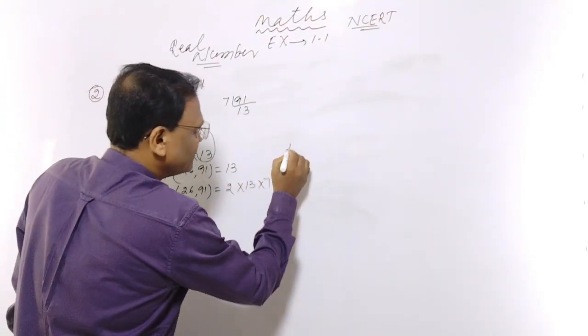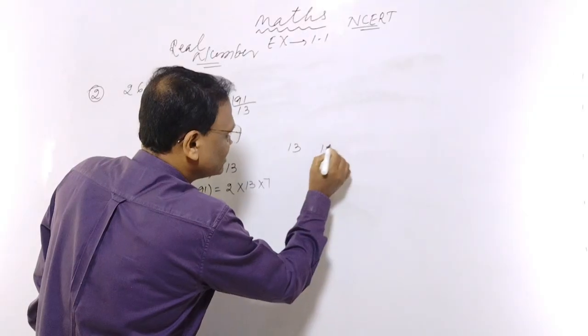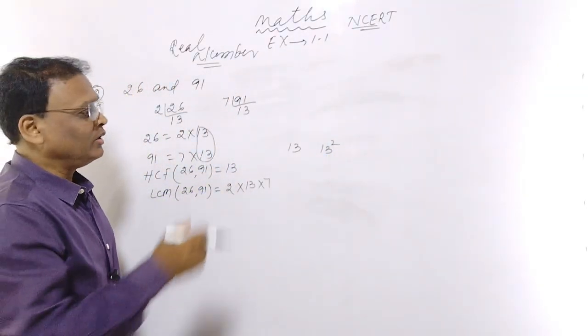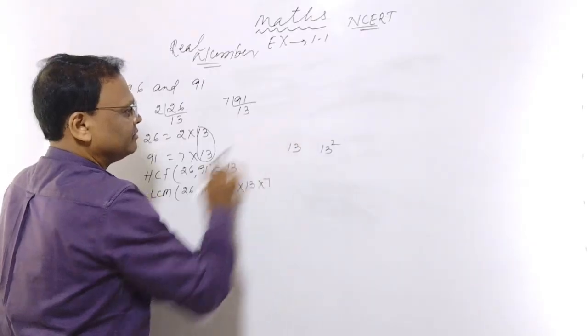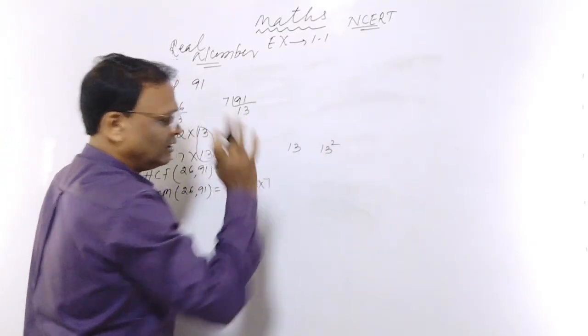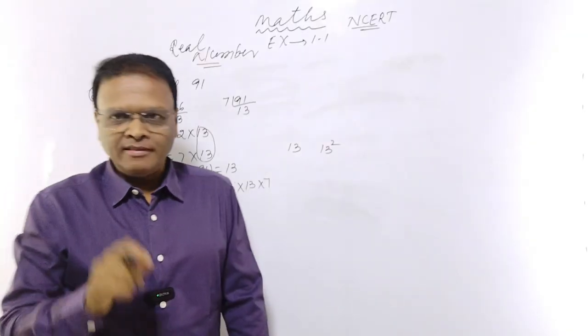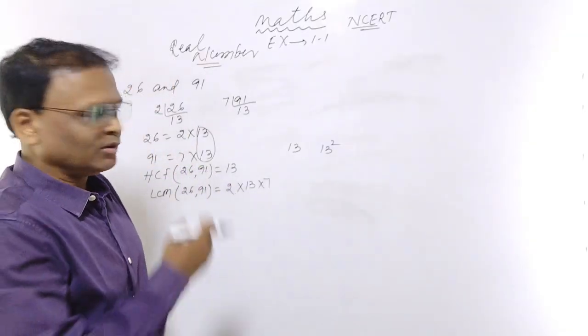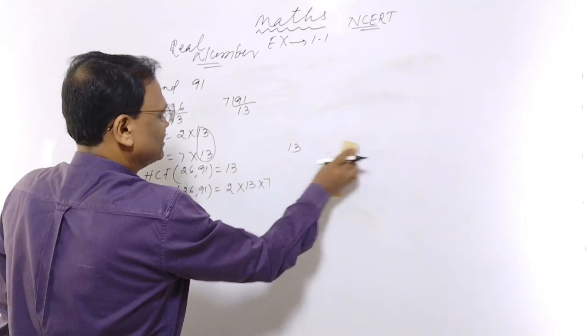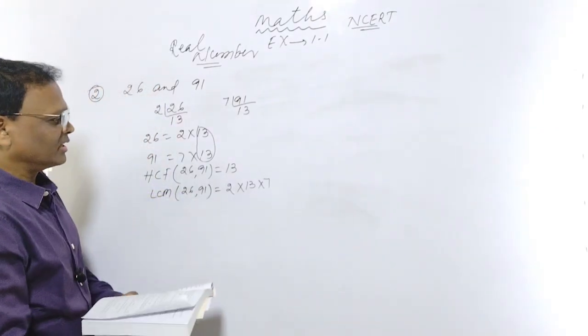Suppose there is a 13 and a 13 squared. If I have to find the HCF, look at the least power; if I have to find the LCM, take the highest power. I already discussed this in the conceptual classes; you can go back and check it. But here nothing is there, only the same number 13.